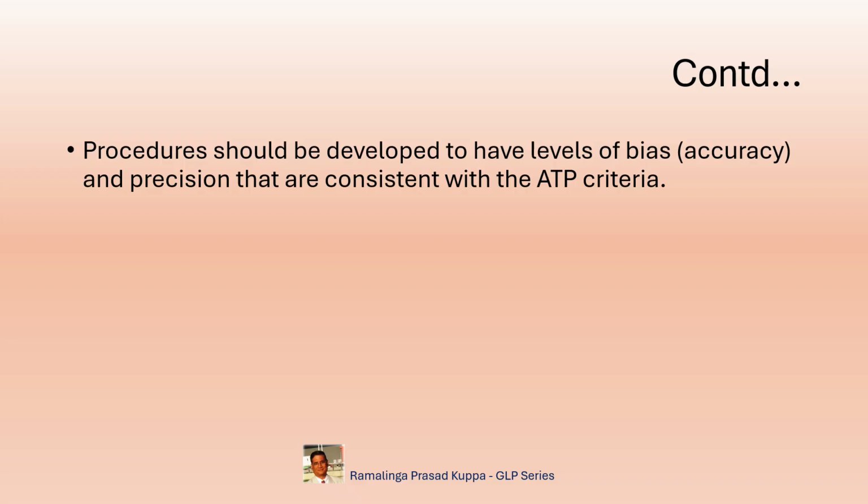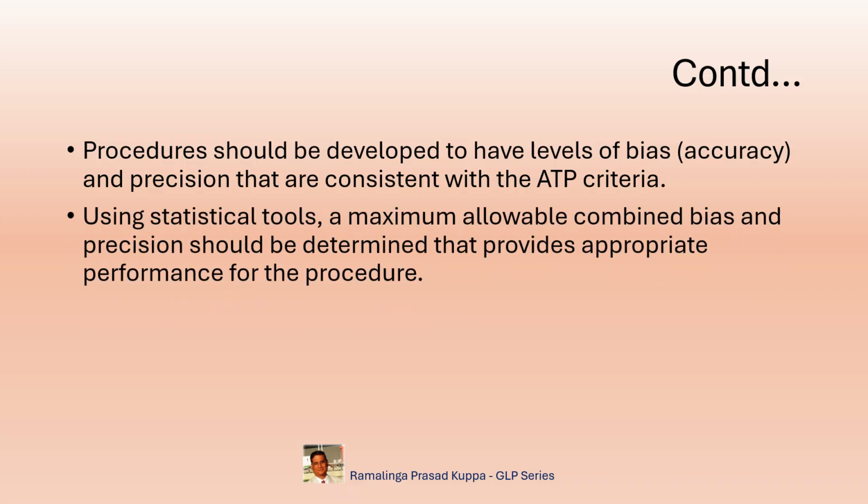Levels of accuracy and precision distribution across the center can be achieved by statistical evaluation of data with relative standard deviation of replicate results. Using statistical tools, a maximum allowable combined bias and precision should be determined that provides appropriate performance for the procedure.